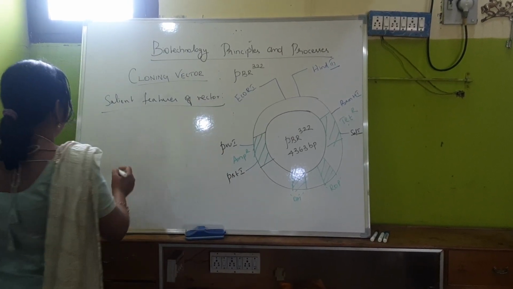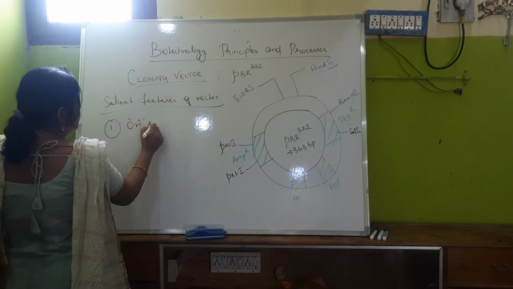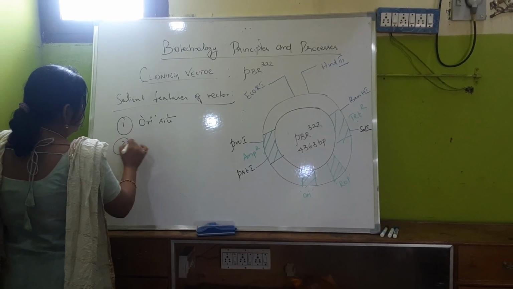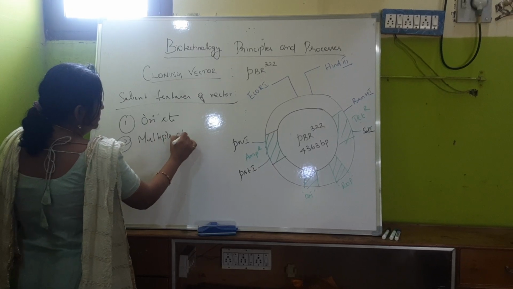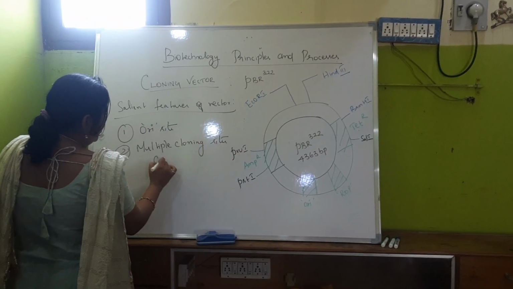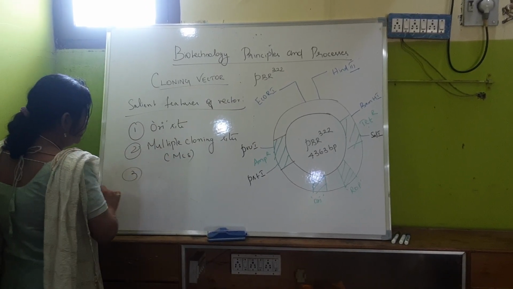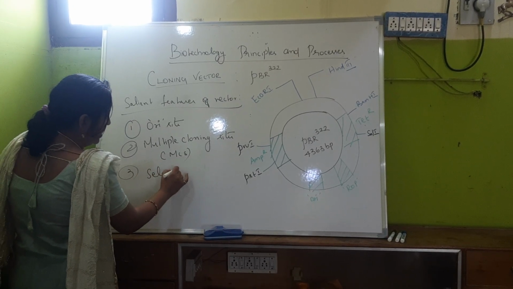The first and foremost thing is ori site. The vector should contain the ori site. The next one is it should contain multiple cloning sites, in short MCS. I will explain what that is. The third one is it should contain the selectable marker.